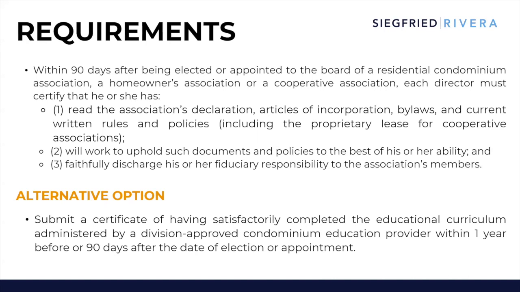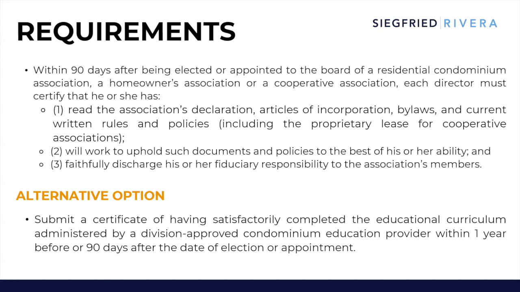The first option is by signing a form certifying in writing to the association that the director has read the association's governing documents, which consist of the association's declaration, articles of incorporation, bylaws, current rules and regulations, and the proprietary lease for cooperative associations.